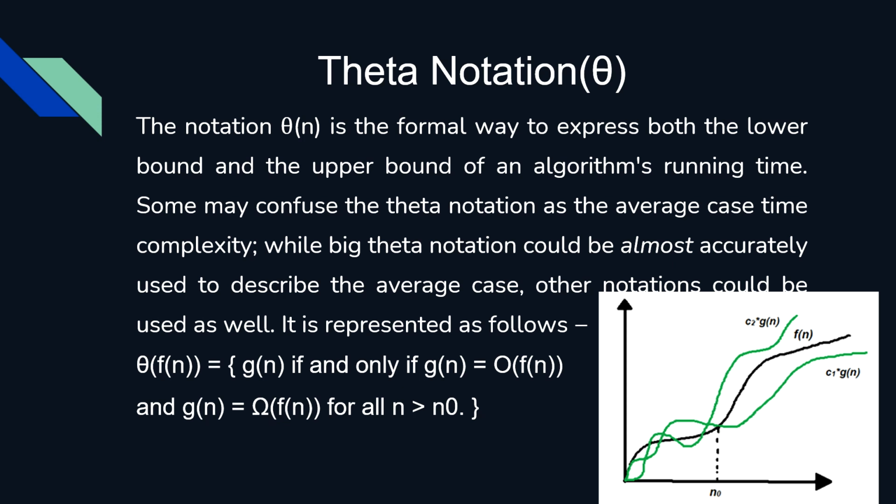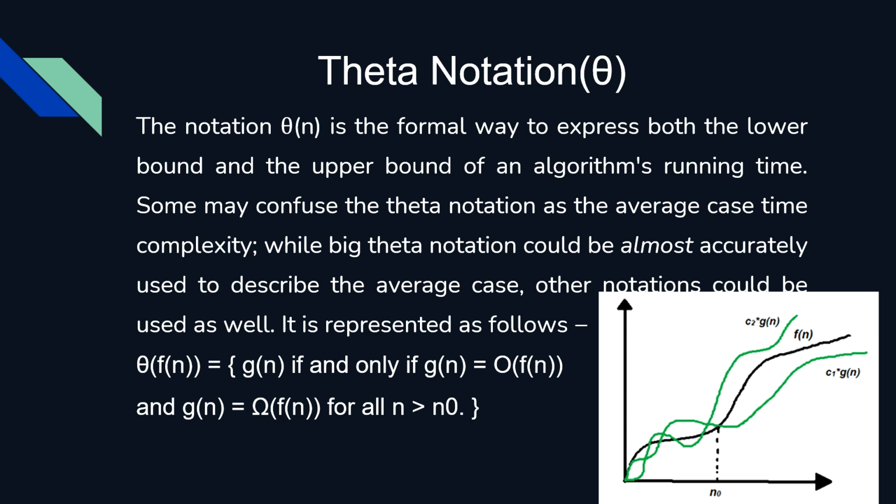While the big theta notation can almost accurately be used to describe the average case, other notations could also be used. It is represented as follows: theta of f(n) equals g(n) if and only if g(n) equals big O of f(n) and g(n) equals big omega of f(n) for all n greater than n0.